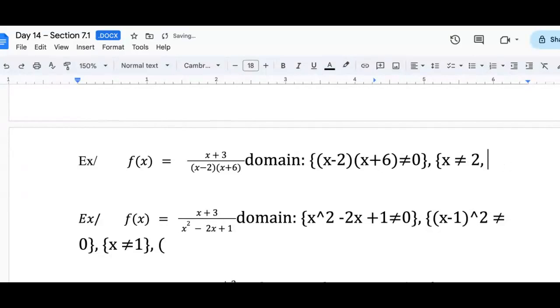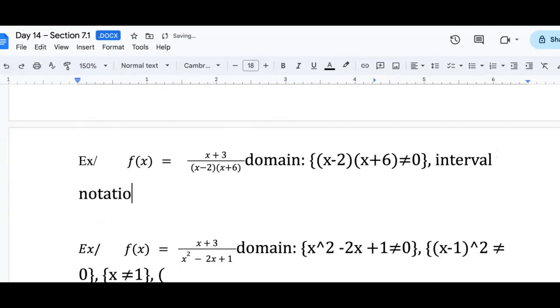Right, that's a set notation, but we want to use interval notation.